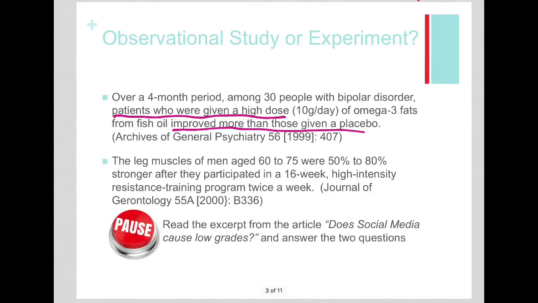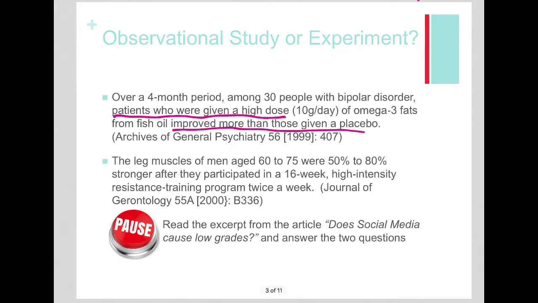All right, so in the second example, it says the leg muscles of men aged 60 to 75 were 50% to 80% stronger after they participated in a 16-week high-intensity resistance training program twice a week. So in this example, hopefully you notice that it basically says these men's leg muscles got stronger after they participated in a 16-week high-intensity resistance training program.